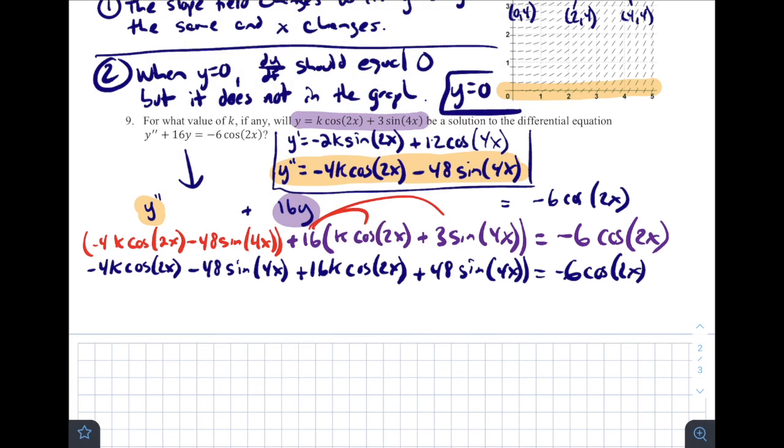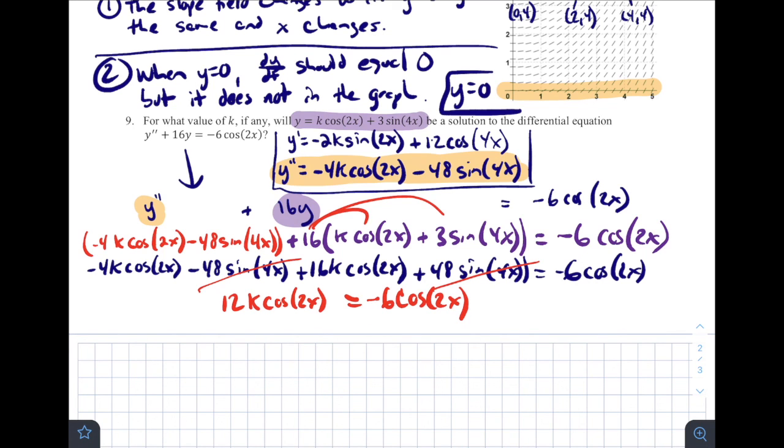We can see here that our 48 sine of 4x and our negative 48 sine of 4x are going to cancel. We also notice that we've got a k cosine of 2x in both of these terms, which means that they are like terms. So if we want to combine them, we're going to take negative 4 plus 16. That's going to give me 12k cosine of 2x. And that's going to equal the right side, which is negative 6 cosine of 2x.